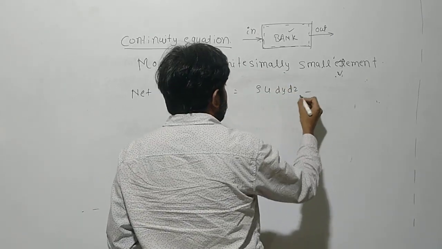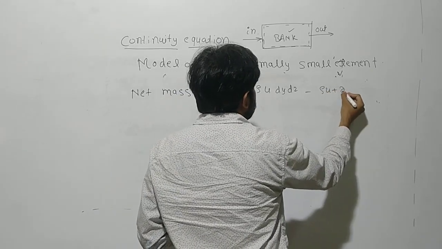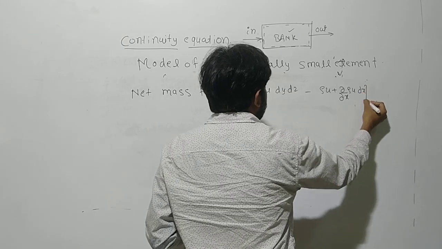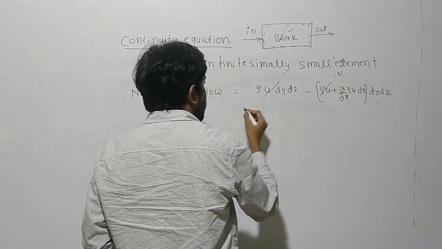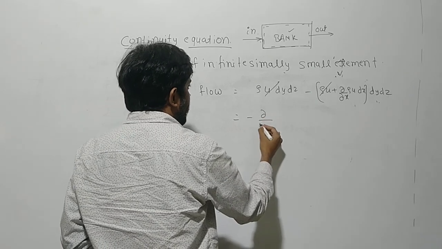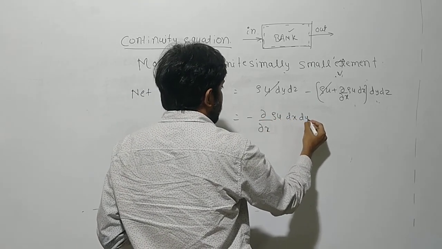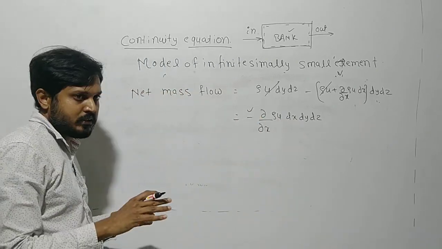Similarly for the outlet, out will be rho u plus del by del x of rho u dx, and then dy dz. So these two will cancel out, and finally we get minus del by del x of rho u dx dy dz. Now this negative sign indicates there is a decrease.